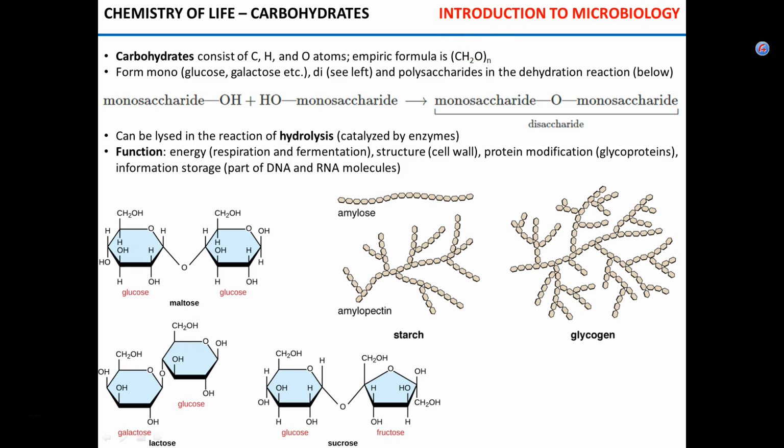Carbohydrates are going to be the first molecule, life polymer that we're going to talk about. Carbohydrates are chemical compounds that consist of carbon, hydrogen, and oxygen. This is the empirical formula. You don't have to know the empirical formula.